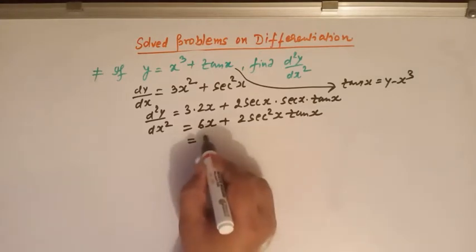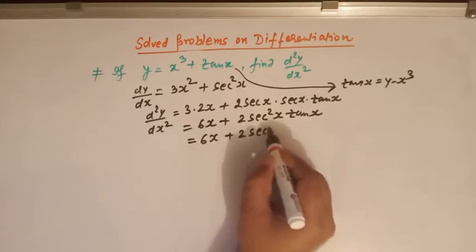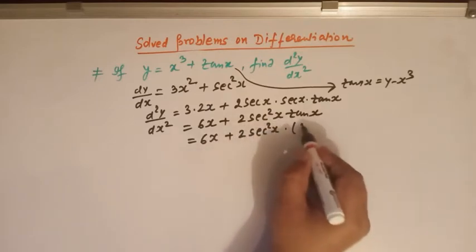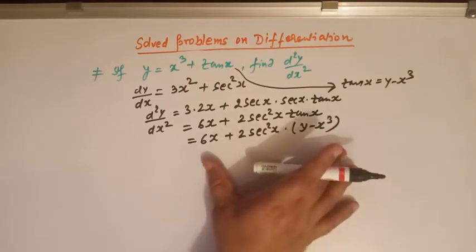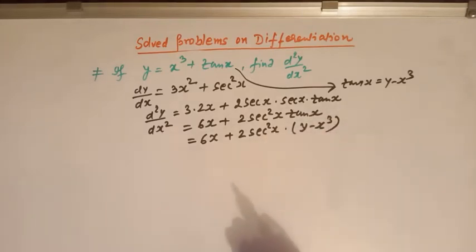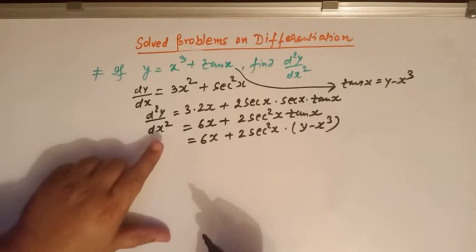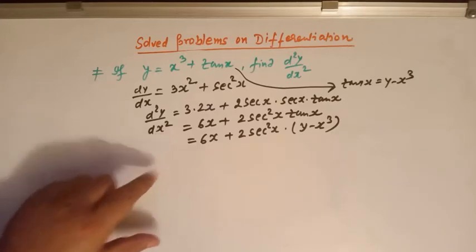So here we can write 6x plus 2 times secant square x times y minus x cube. So this can also be written here, and this is the required value of the second derivative of y with respect to x. Clear?